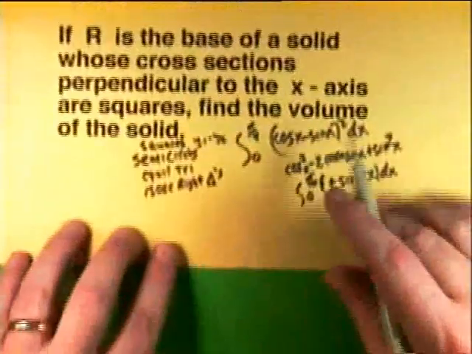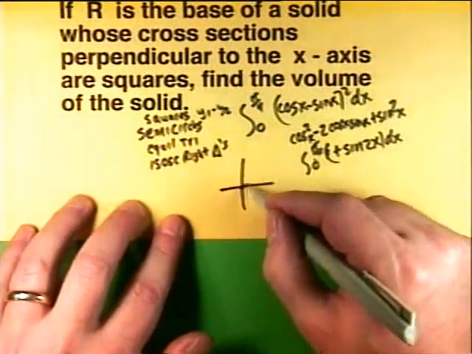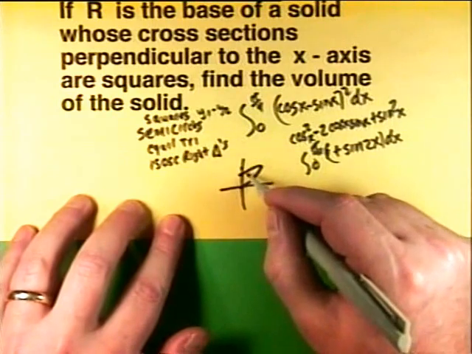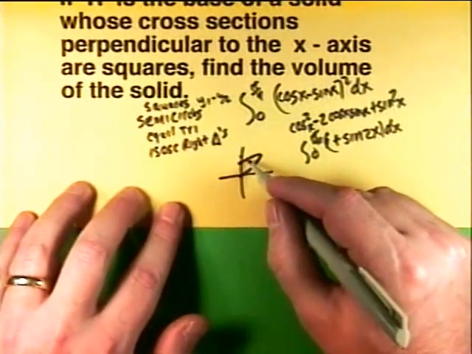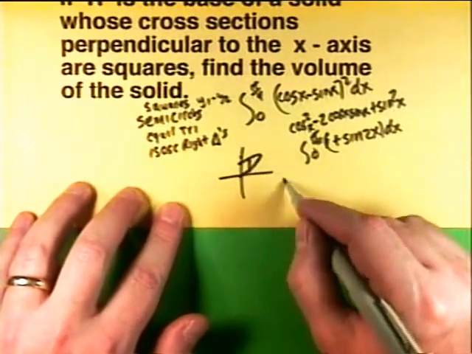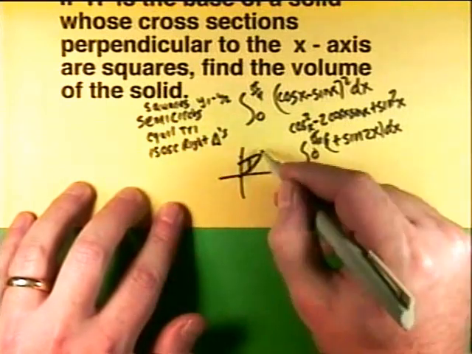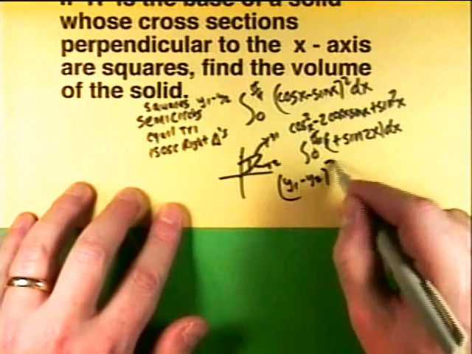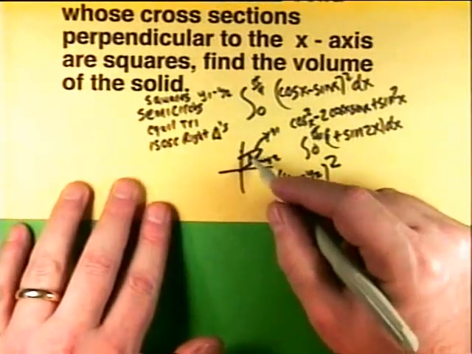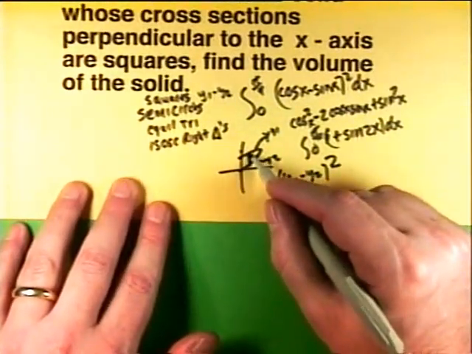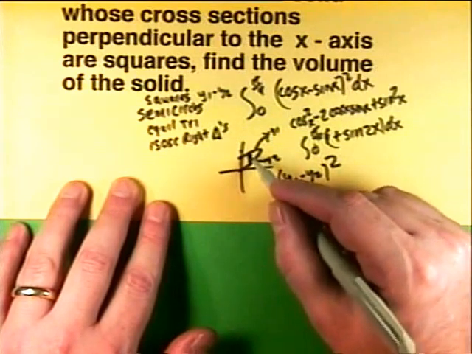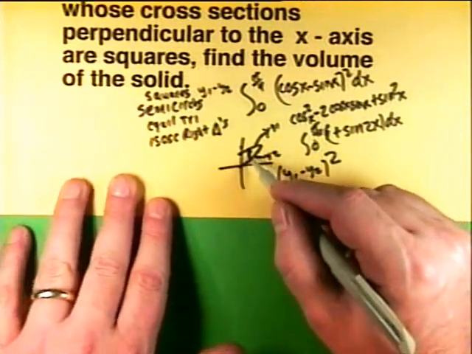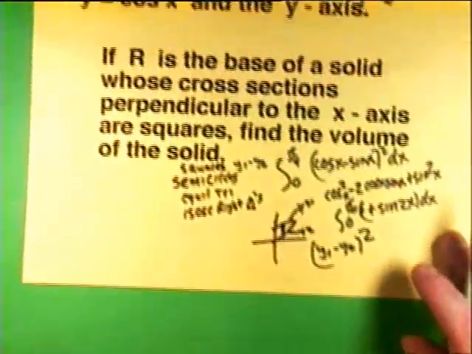In other words, if you have 2 curves, whatever they are, if this base is squares, then the formula is just y1 minus y2. The top curve we'll call y1, the bottom curve we'll call y2. That's for squares. I want the formula if this is the diameter of a semicircle, if it's a side of an equilateral triangle, and if it's a hypotenuse of an isosceles right triangle. You know what I'm asking?